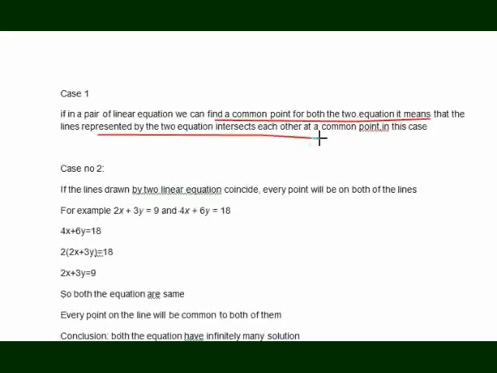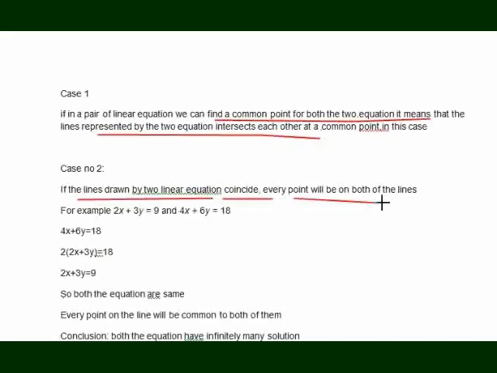If the lines drawn by the two linear equations in our graph intersect each other at a common point, in this case the linear equations are called a consistent pair of linear equations. In case number 2, suppose the lines drawn by the two linear equations coincide.